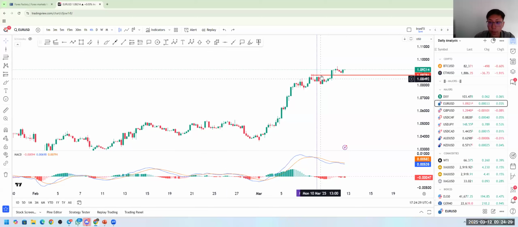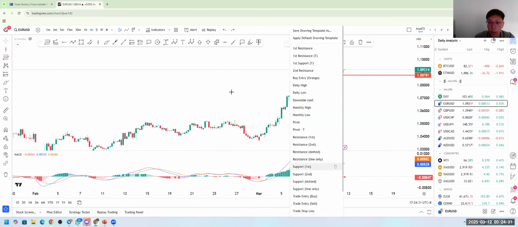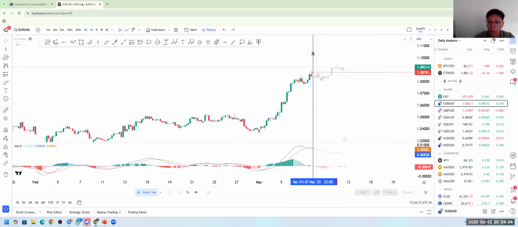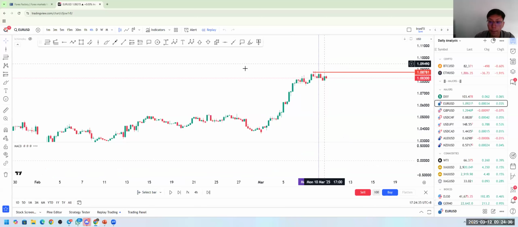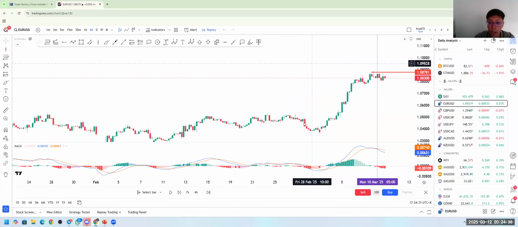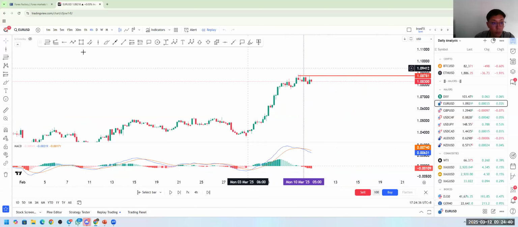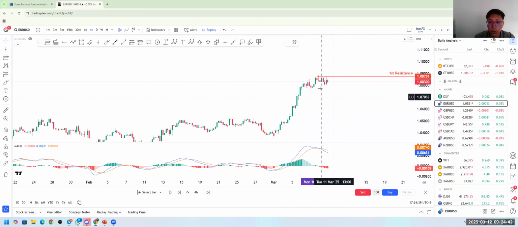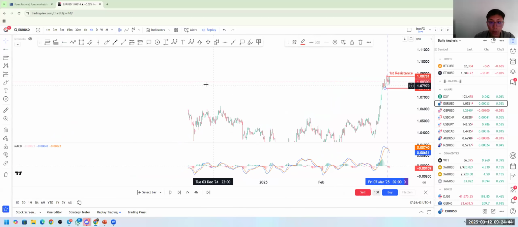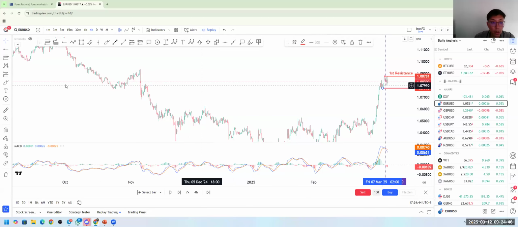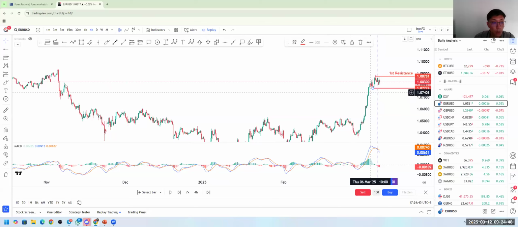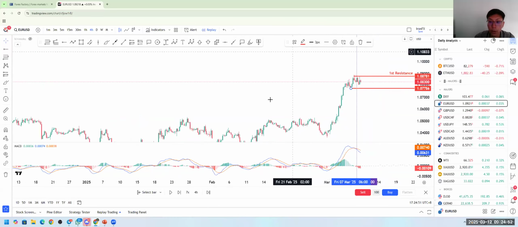Okay, so let's say price is here, right? You mark out your resistance level. Oh, this is nice. Yeah, this is your first support.